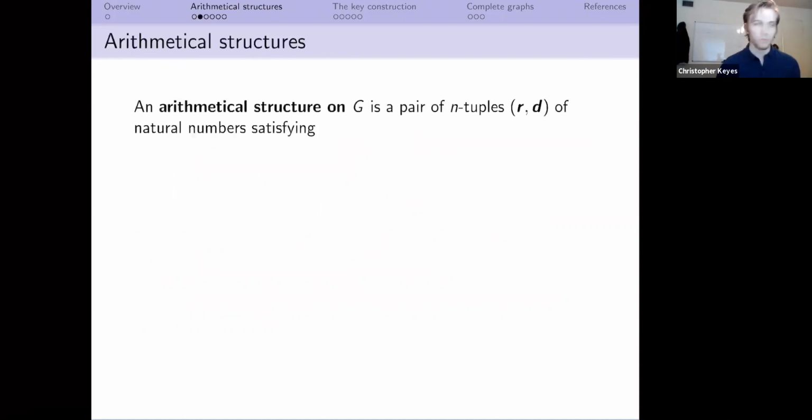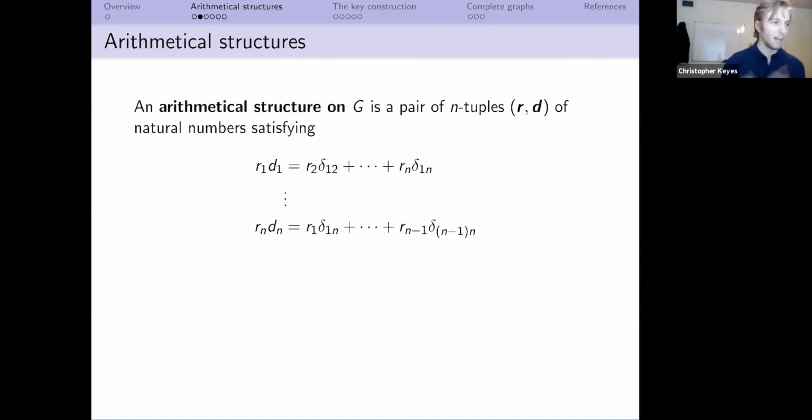So let's define what an arithmetical structure is. Given a graph G, an arithmetical structure is the data of two n-tuples, which I'm going to call R and D, that satisfy the following system of equations. A more compact way of writing this that I like is that R_i, for any fixed i, divides the sum over indices j not equal to i of delta_ij times R_j.